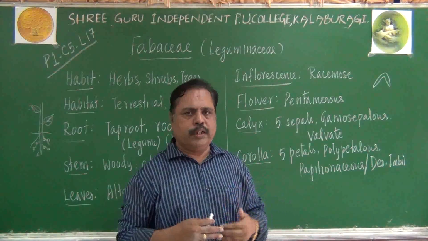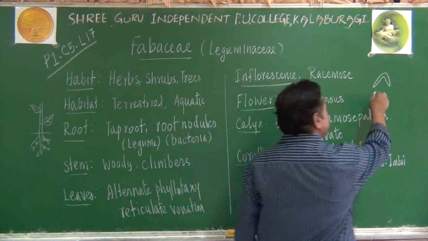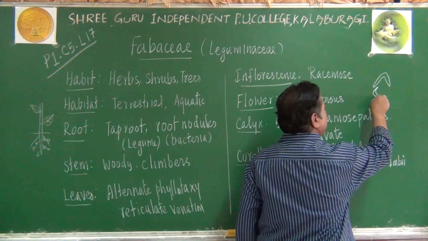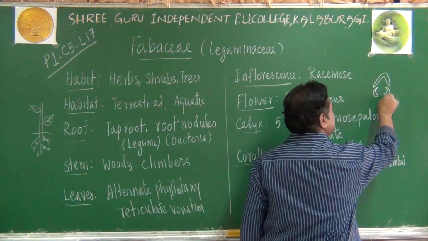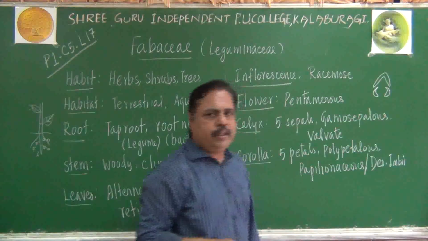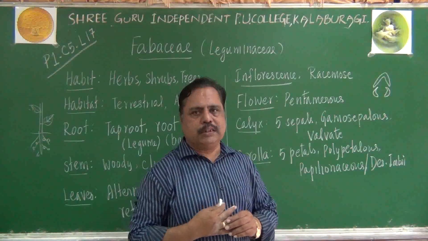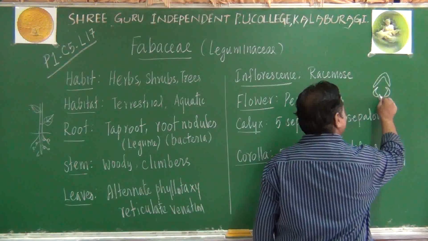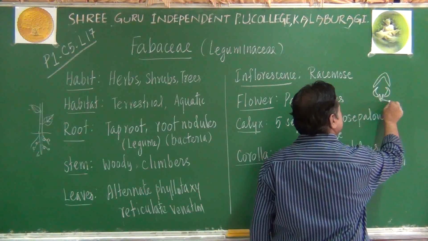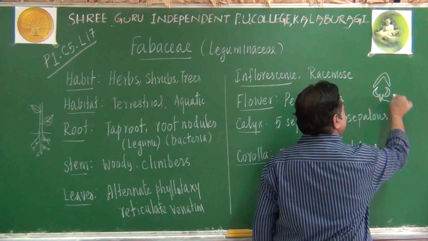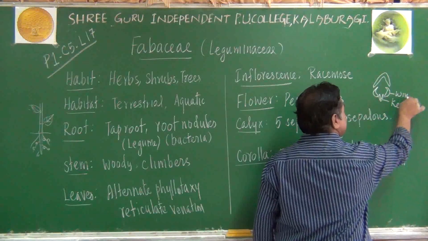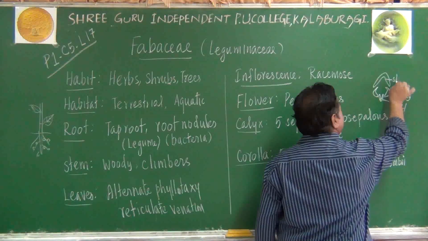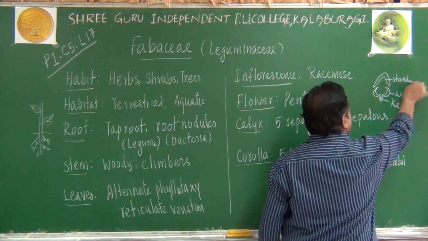I told you about it already. On the sides they have 2 wing petals, which are not united. At the base they have 2 keel petals. These are called keel petals, these are called wing petals, and that is the standard petal.